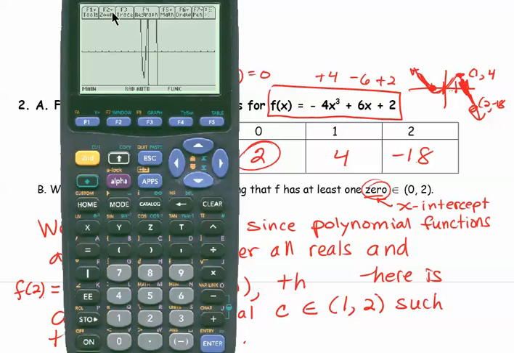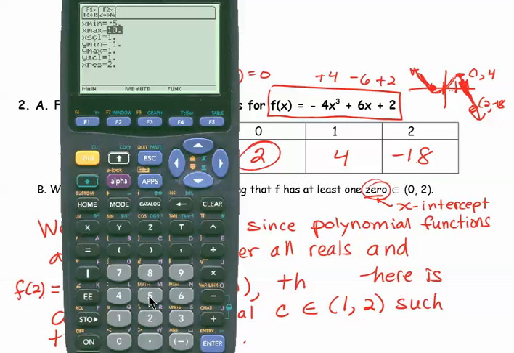You might decide here that you want to make your window narrower. So by going to F2, we could zoom in, or we could have gone to our window and put in specific values. It looked pretty narrow here, so I'm going to have my x interval just go from -5 to +5.